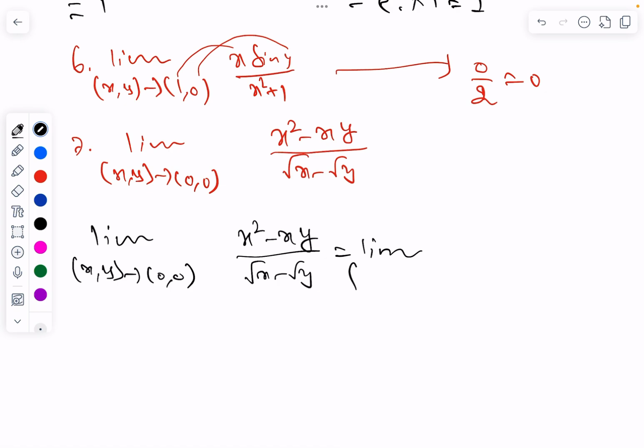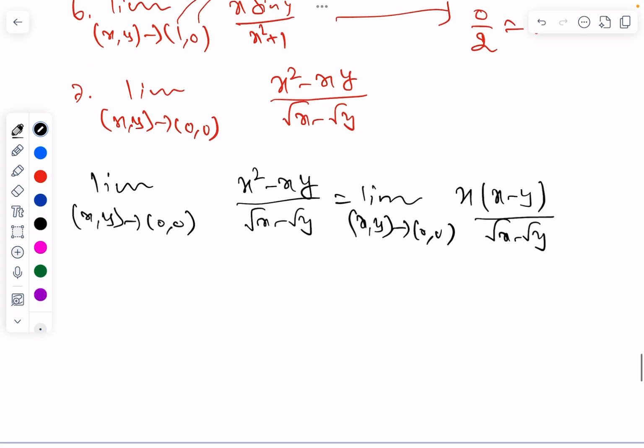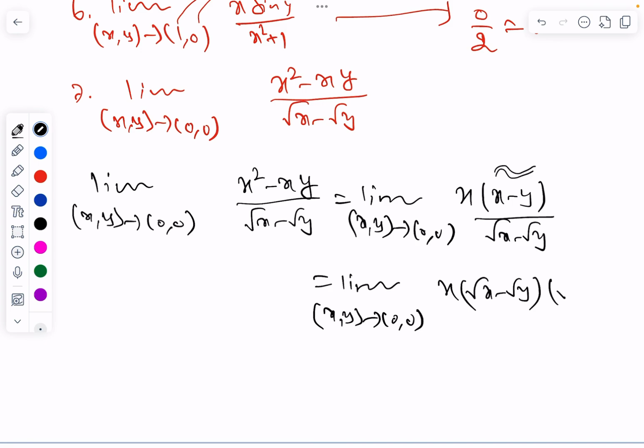Now factorize: root x minus root y times root x plus root y, over root x minus root y.